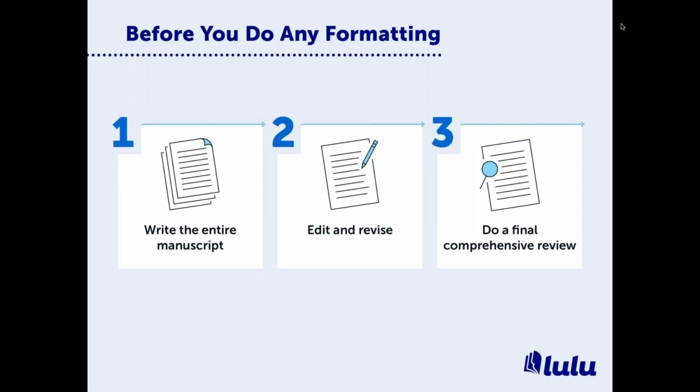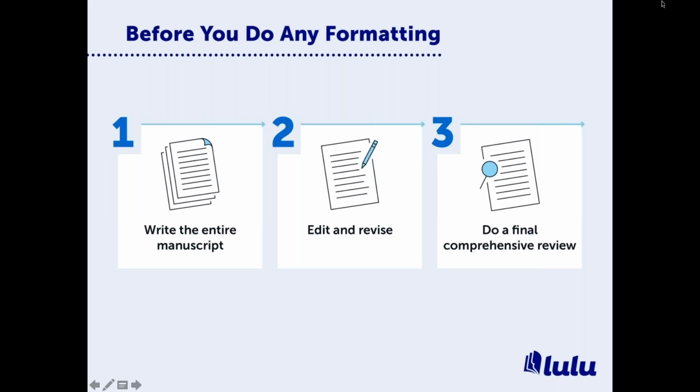Before you do any formatting, write the entire manuscript, edit and revise, and do a final comprehensive review. I know that it looks like three steps, but obviously there's a lot that goes into these things. You want to get all of your copy editing, line editing, and content editing done. Obviously the entire manuscript will take some time, and then your final comprehensive review.